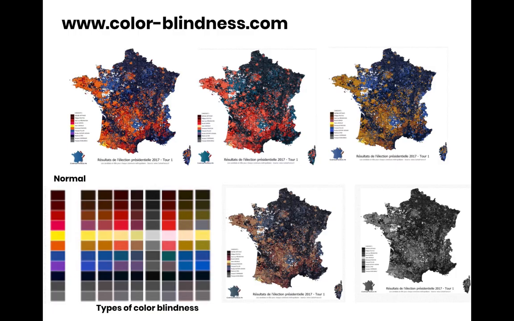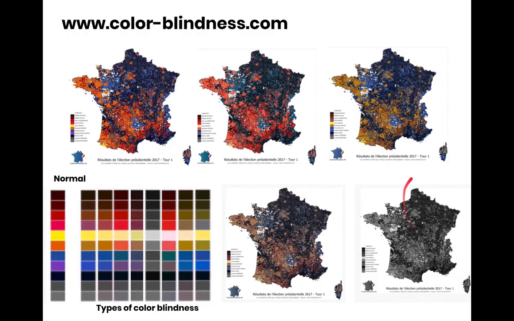These images are made from a website, colorblindness.com, which has a simulator. You can upload a map. I uploaded the one on the top left, and you can then check for different types of color deficiency. Now, each of the maps in the center are simulating specific color vision deficiency conditions. And you can see this website has way more than I was just discussing.